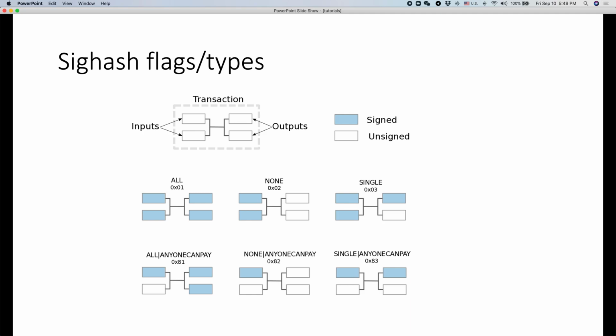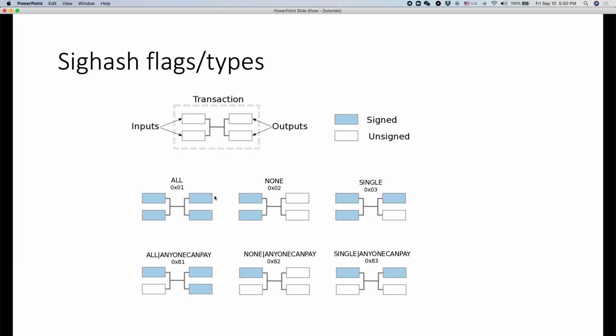Sighash flags enable us to choose which part of the transaction we want to include in the signature. Again, here we have some simple diagrams. We have the transaction on the left, with inputs, and on the right, outputs. If it's blank, it's unsigned. If it's colored, then it's signed.